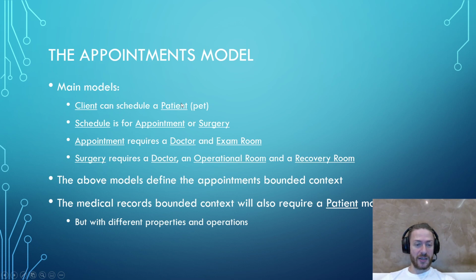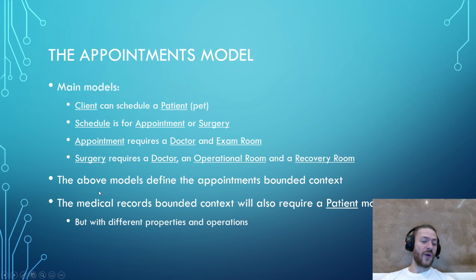Client scheduling a patient, we have the global schedule of the pet clinic, we have the schedule of the rooms, we have the schedule of the doctors. All of these are apparently scheduled. Appointments bounded context. The responsibility of these classes will be about scheduling new appointments.